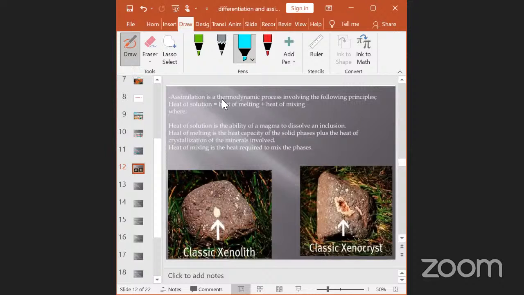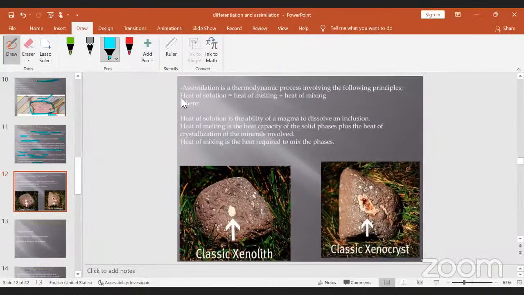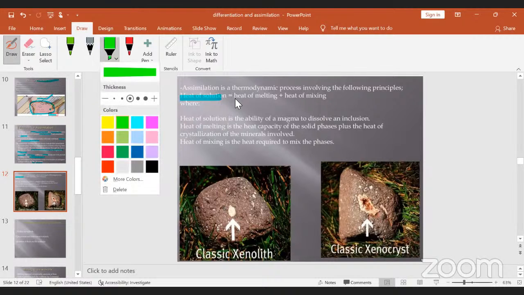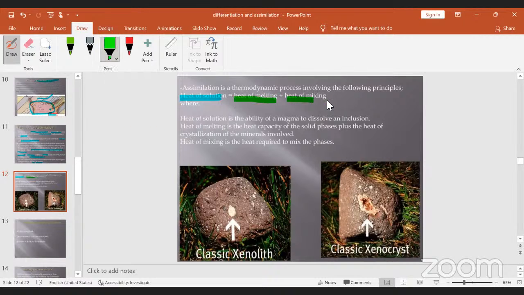So assimilation is a thermodynamic process that involves the following principles: heat of solution, heat of melting, and heat of mixing.